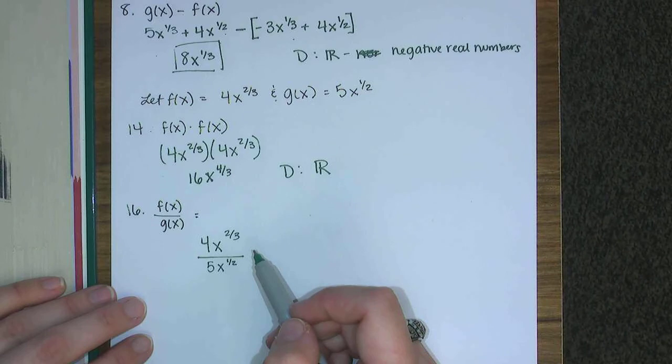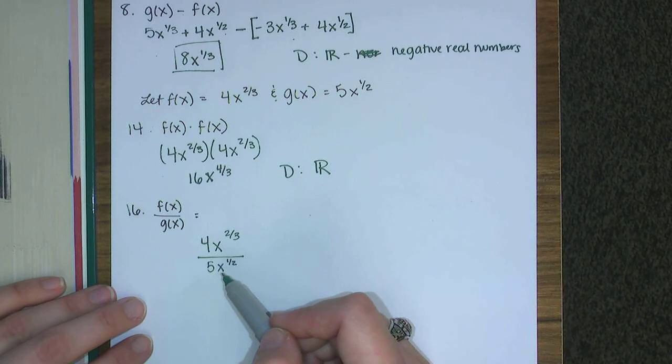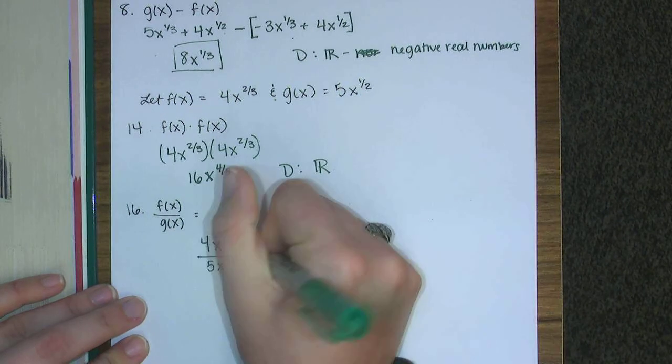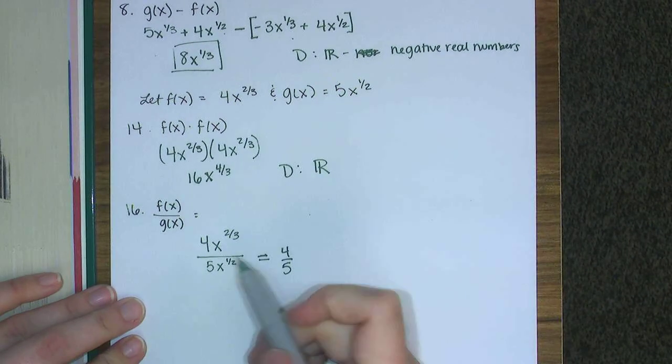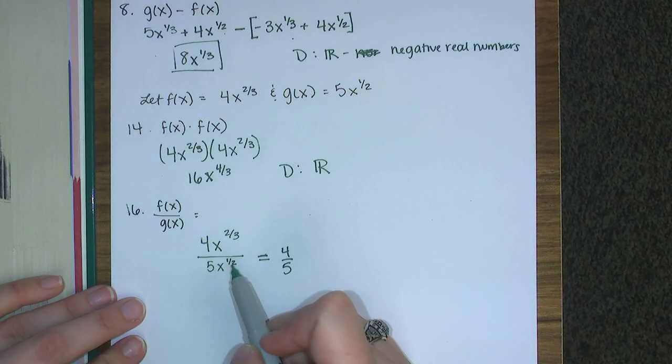Now, normally what happens is we subtract our exponents. We need to get them all at the same place, so I'm going to bring this 1/2 up to the top by subtracting it. So that's going to give me x to the 2/3 minus 1/2. I need to get a common denominator, which is going to be 6.